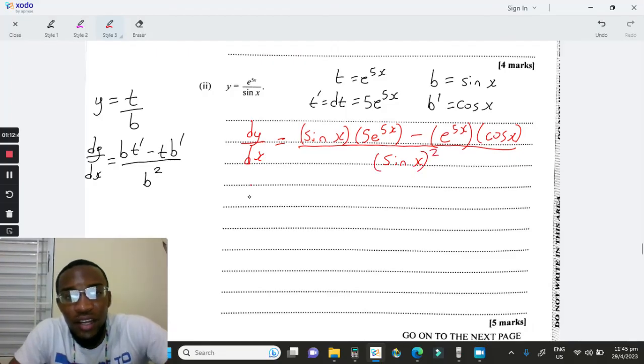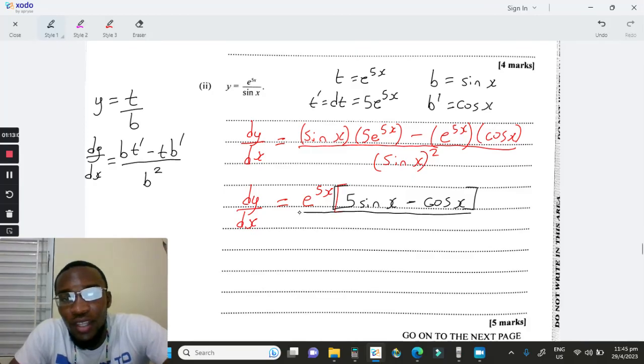So simplifying our answer, dy dx is equal to, we notice we can factor out e to the 5x from the numerator, and we're left with, from this side we're left with 5 sine x, from this side we're left with minus cos x, close the bracket, over, this is now sine square x.